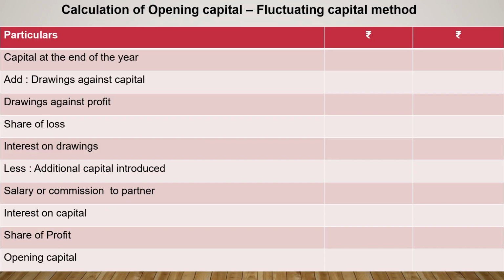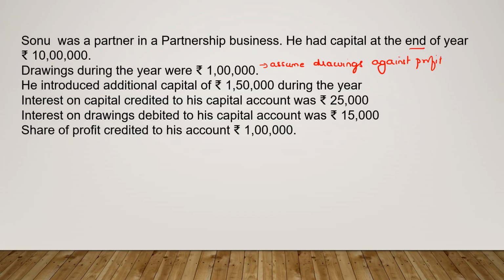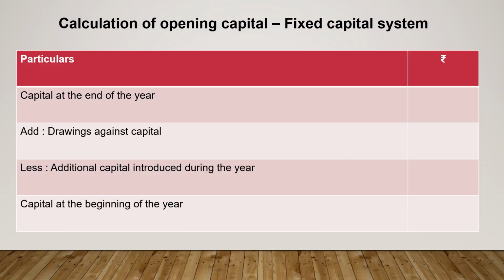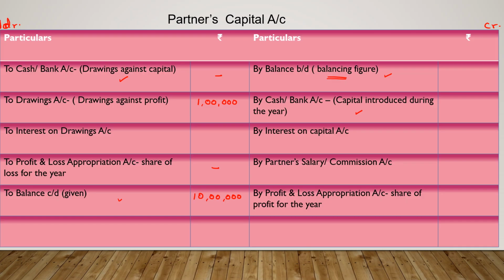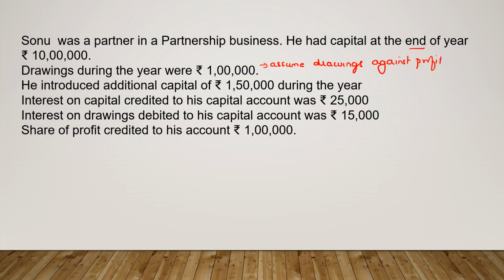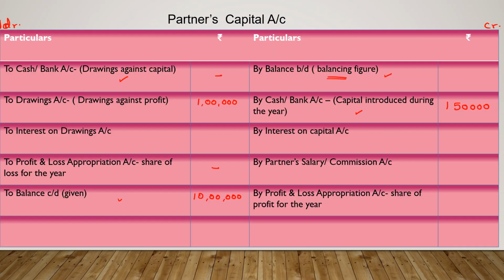So going back, let us get these amounts. 1,50,000 additional capital introduced. Then there was interest on capital which was 25,000, and there was interest on drawings of 15,000.